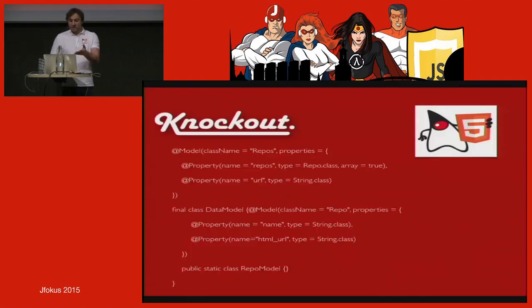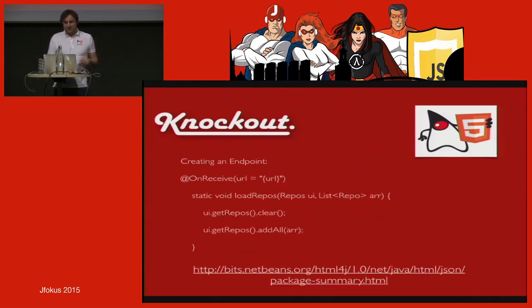For example, we had these repositories in here, and this element has a list of repositories, and each repository has a name and a URL. So basically, with this code, I've written a parser for the GitHub REST interface. Now I can create an endpoint. There's also an annotation for that.